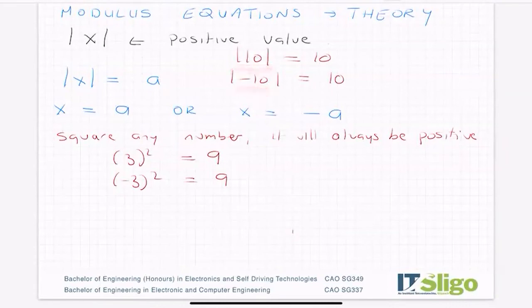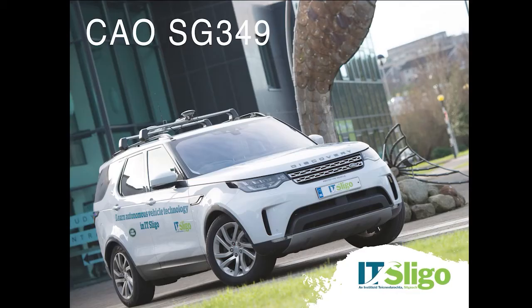But we do know that when we square it, you're always getting a positive number. Okay, so when we take any modulus number and we square it, you're always going to get x squared. Okay, now that's the theory. Let's do a few questions and let's figure out how we use those properties in questions.